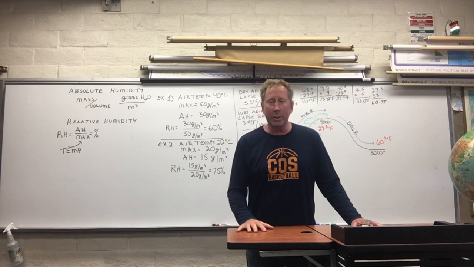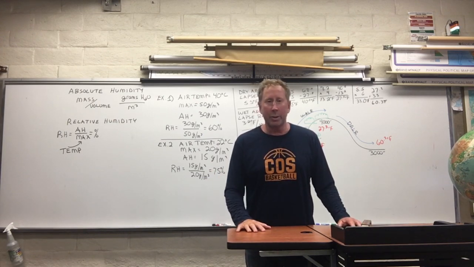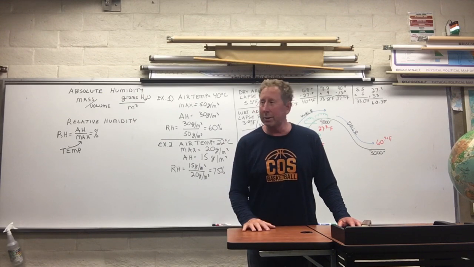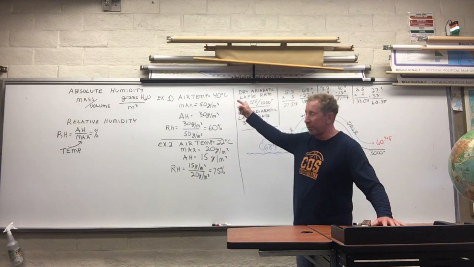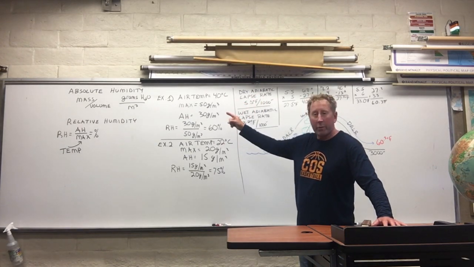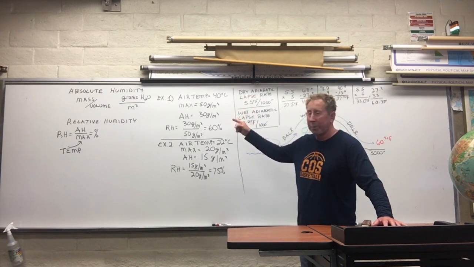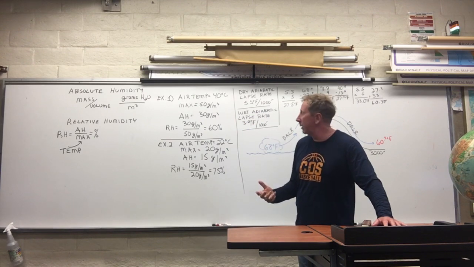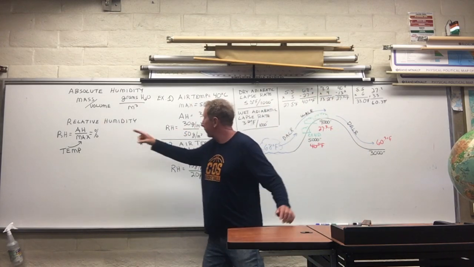So I have two examples on the board, and you will have two problems to do in your short little exercise. So let me explain how to work these. Example number one, if I tell you the air temperature is 40 degrees Celsius, and that the max amount of water vapor the air can hold at that temperature is 50 grams per cubic meter, and the absolute humidity, that is what is actually in the air, is 30 grams per cubic meter, you'd set the equation up using this formula.